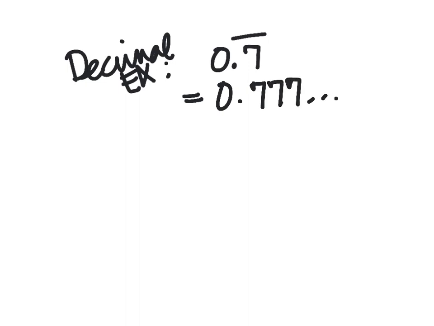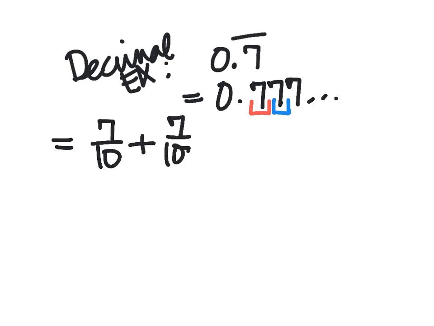Now, another way that we can think of this is to think of it as a sum. As we look at this, we can see that that 7 right there is in the tenths place, so we can talk about there being 7/10. And then if we go forward, there's another 7, but it's not in the tenths place, it's in the hundredths place, so we can talk about 7/100.